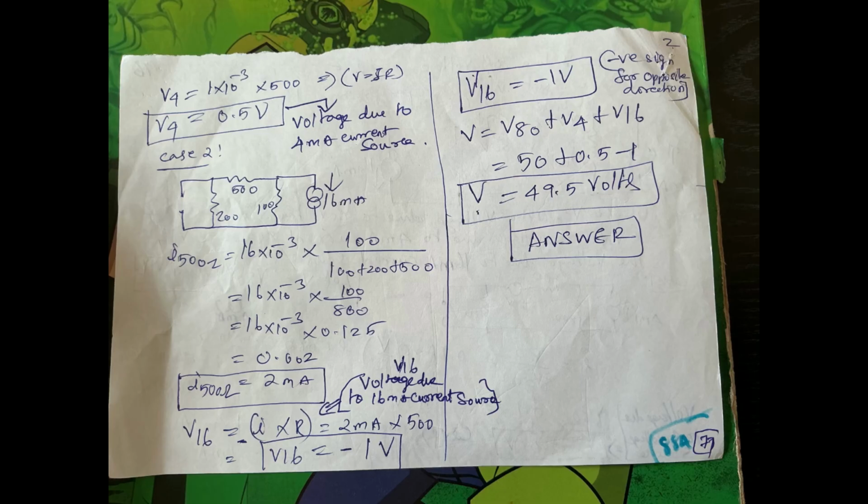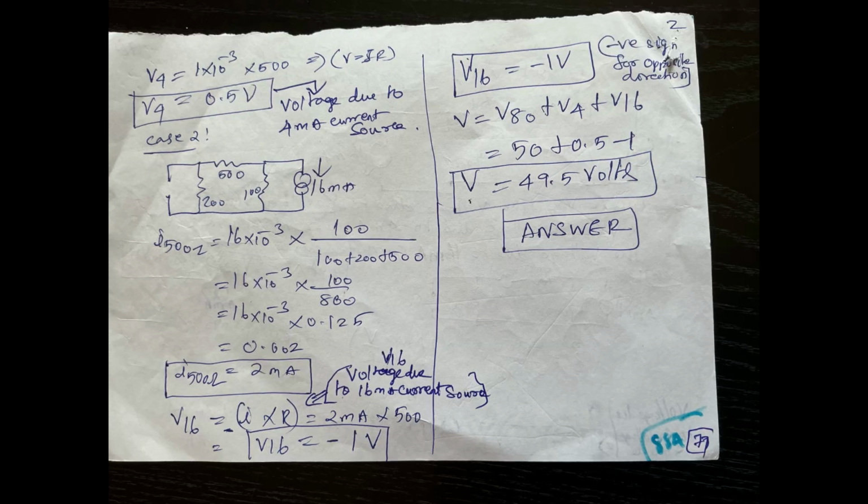Splitting sources: calculating the splitting source current is very important. In case 1 we calculated I500 and in case 2 we calculated I500, and found the voltage depending upon the sources. V4, V80 and V16 are calculated. The total voltage V across the 500 ohm resistor is V80 plus V4 plus V16.